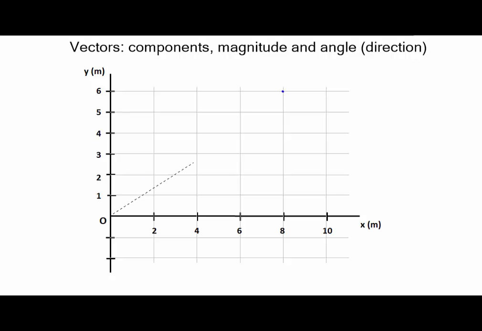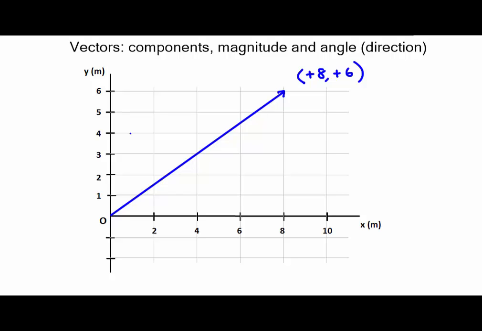So the vector would look like this. And so this vector I specified as plus 8 along the x-axis and plus 6 along the y-axis. Typically, we write the x value first and y value next. So that fully defines this vector, but what is its magnitude and what is its direction?